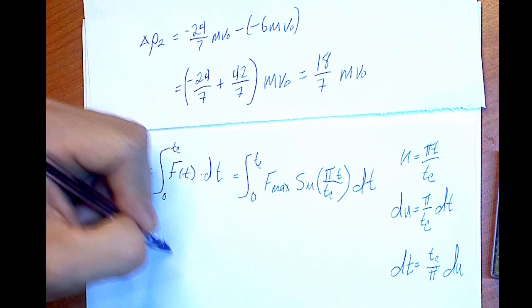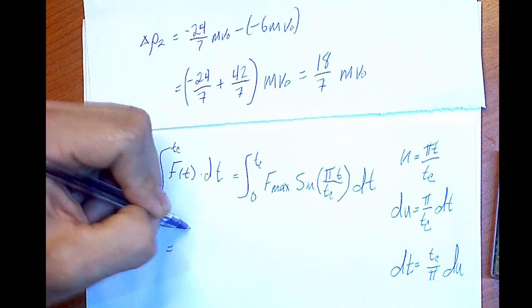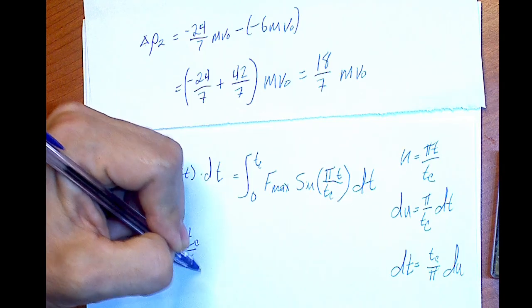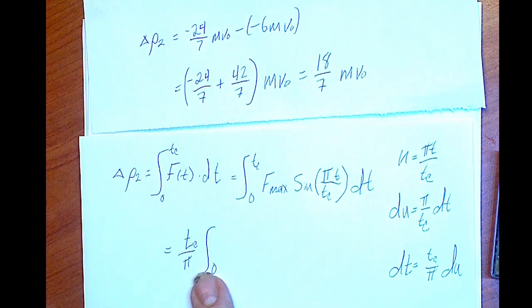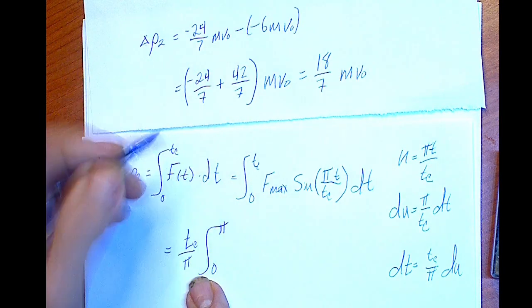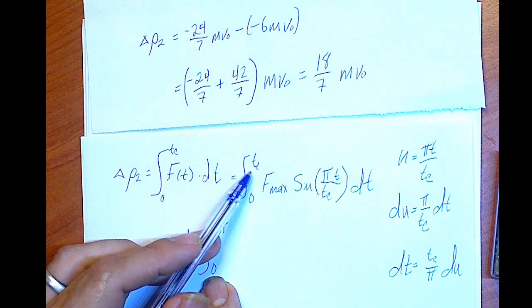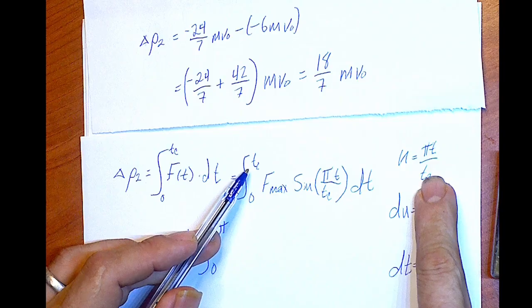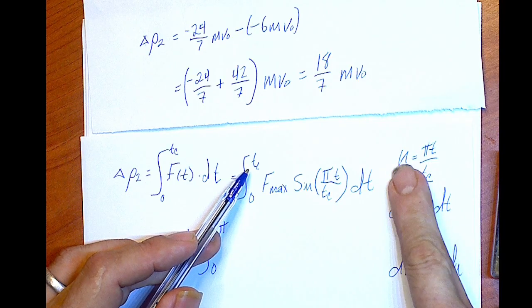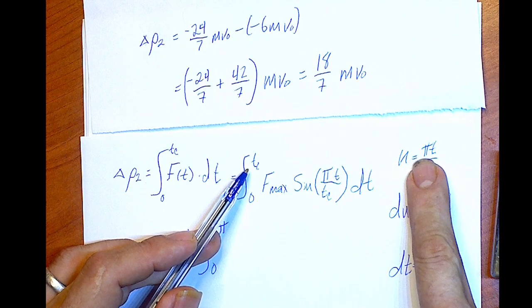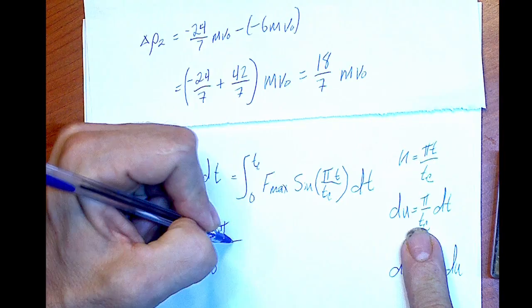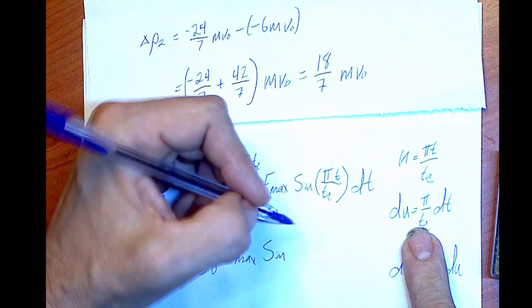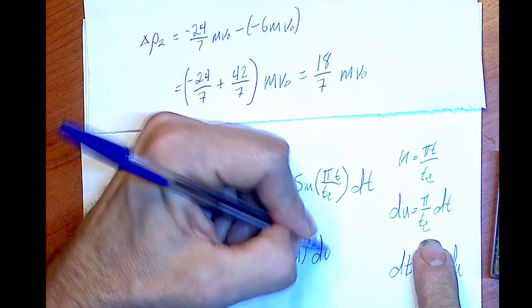And so then I can say this whole integral equals the time of collision over pi times the integral from 0 to pi, recognizing that at the time tc, t over tc will cancel and u equals pi, F max sine of u du.